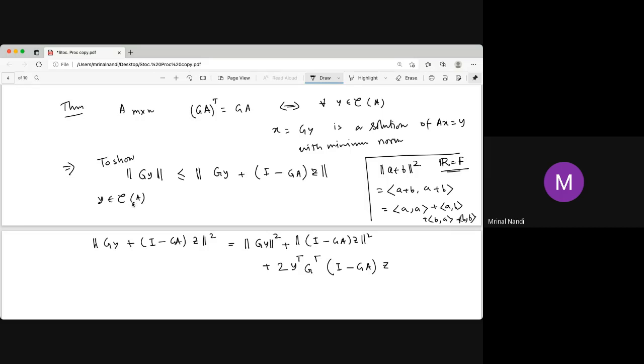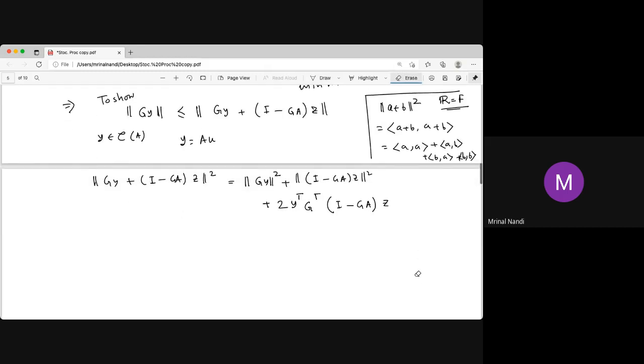Now y belongs to the column space of A, so y equals A u for some u, because it is a solution. That is important. Now this part, y transpose G transpose (I minus G A) z, what is this? Since y is A u, y transpose is u transpose A transpose G transpose (I minus G A) z.